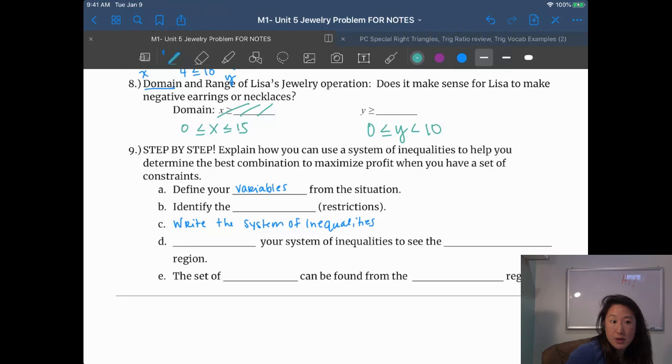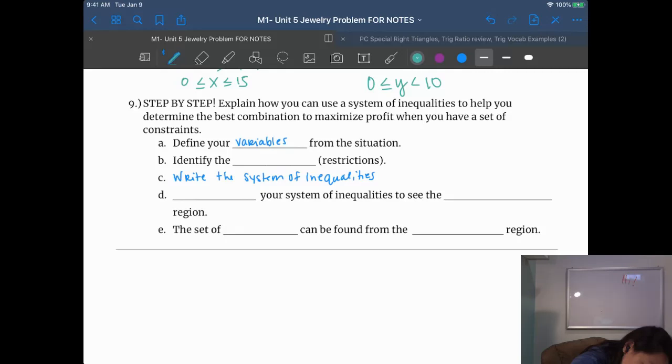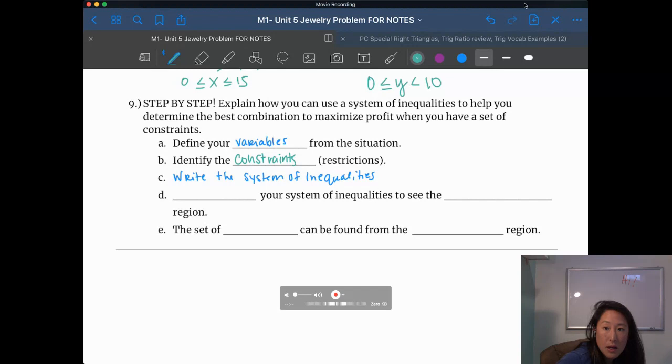First, we defined our variables. Then we identified the constraints. Then we went ahead and wrote the inequality statement, so the system of inequalities. Then we graphed our system to see the feasible region.